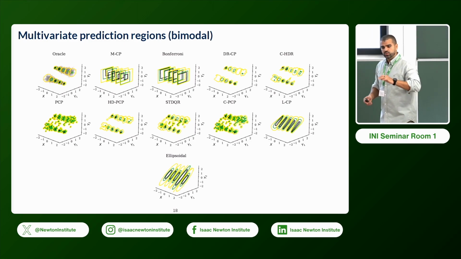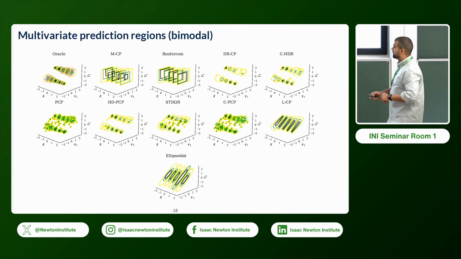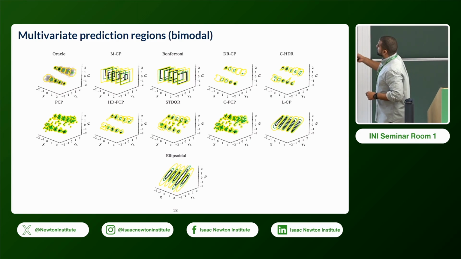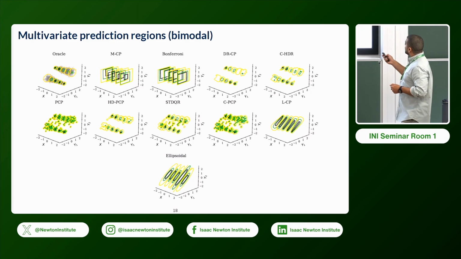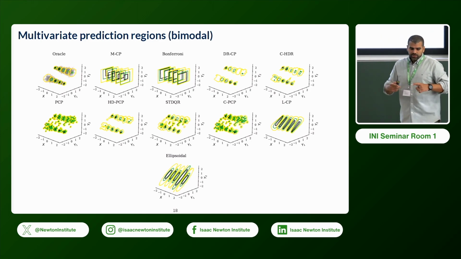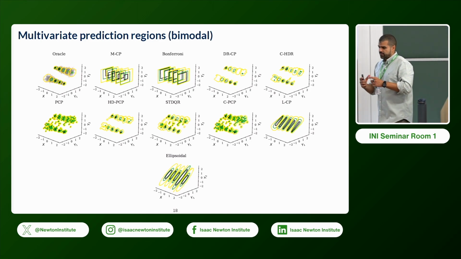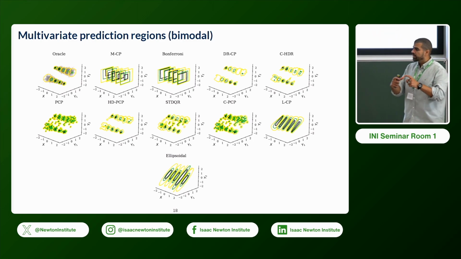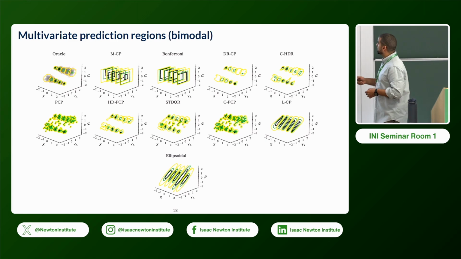So if, for example, you use HDR for the 2 dimensions, then it's more complex than that. For the others, we capture bimodality. Of course, this one we can't. And this one, LCP, you are applying a smooth transformation to this unimodal region, so you cannot get bimodality there.